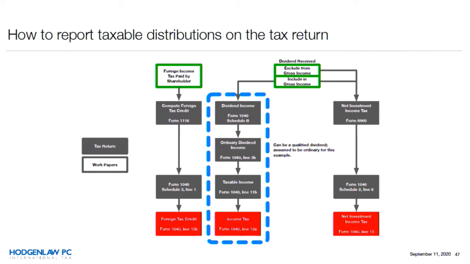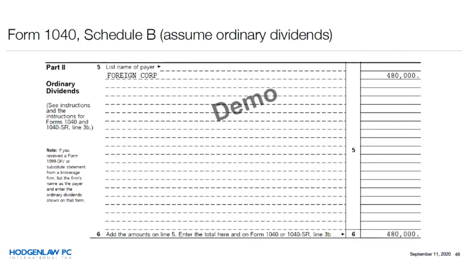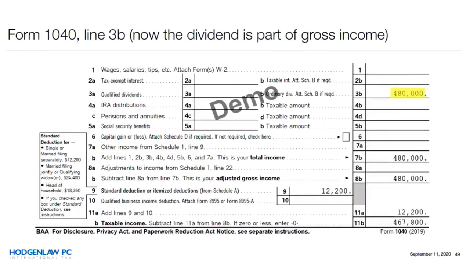And finally, you're going to compute the tax liability on it. So that's what Schedule B looks like. Nothing magic there. And there's where it's going to show up, and you can see how it's going to be included in gross income and therefore included in the calculation of income tax at the ordinary tax rates.